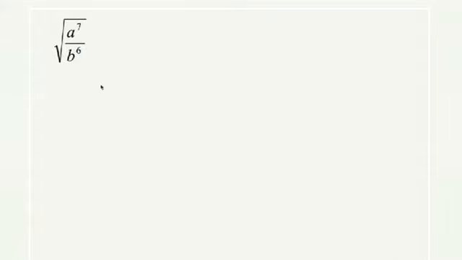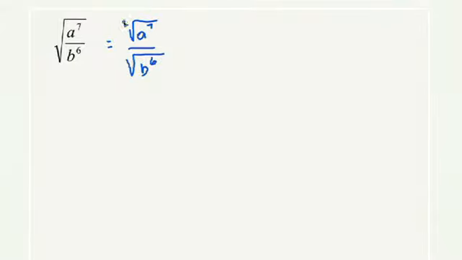Okay, this next problem involves square roots of variables. And again, we're going to approach this the same way. Step 1, let's separate the fraction into the square root of a to the 7th over the square root of b to the 6th. Now, in the numerator, the 7 is not a perfect square.